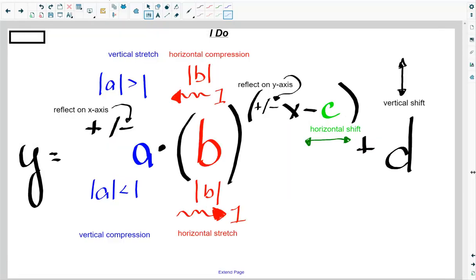So whoever is further away from 1 is going to have the bigger horizontal compression. Whoever's closer to 1 has a horizontal stretch. If that makes sense, great. If not, punch it in the calculator and kind of play with that. Everything else, you guys are perfect. Now we've just finished this off from yesterday.